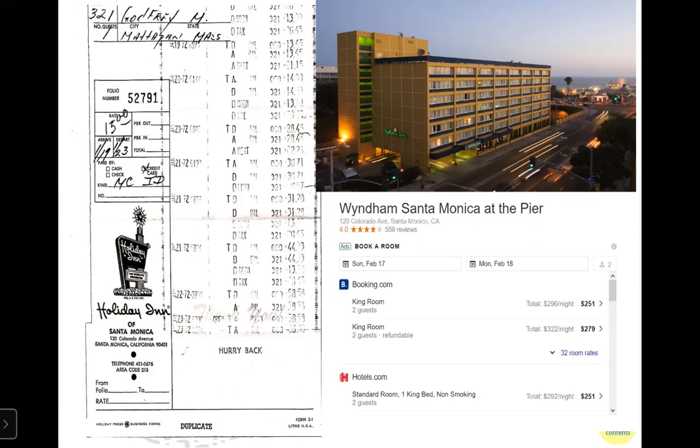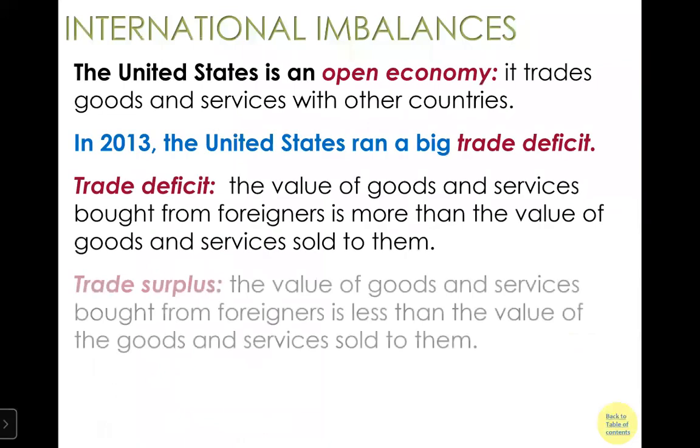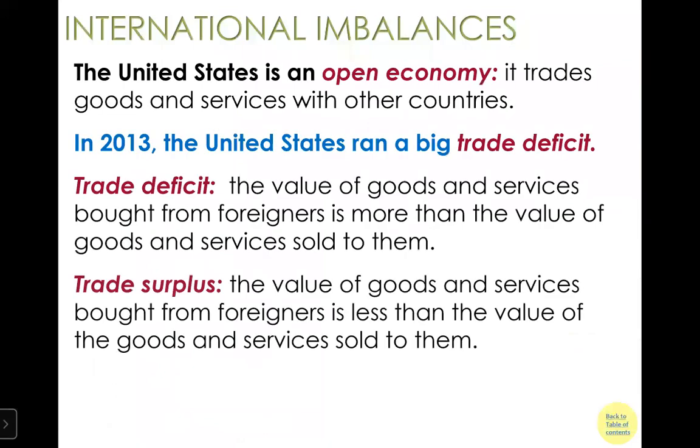Now the last thing we will see in this chapter is international imbalance. What is international imbalance? In modern days, no country is isolated. Maybe there are a few cases like Cuba or North Korea, but pretty much all countries are open economies, meaning they trade goods and services with other countries.